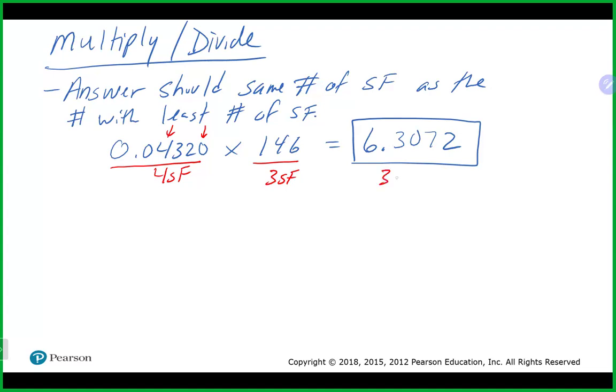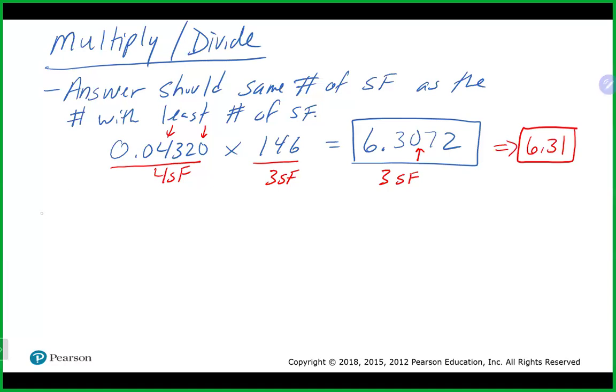My answer should have 3 significant figures. So we look at our number on our calculator. The third significant figure takes me to the 0. I'm going to look at the 7. I'm going to round up in this case, and we should end up with 6.31. Question on that one there.